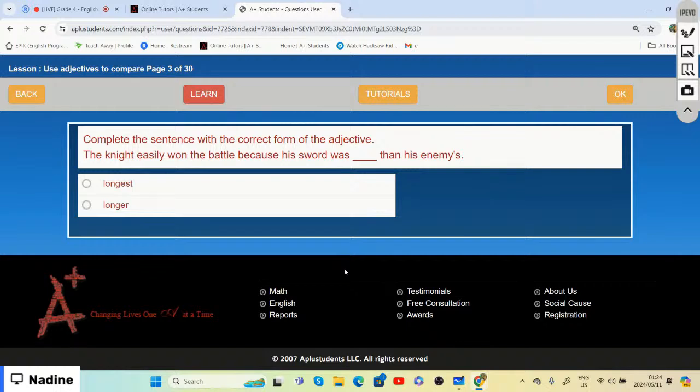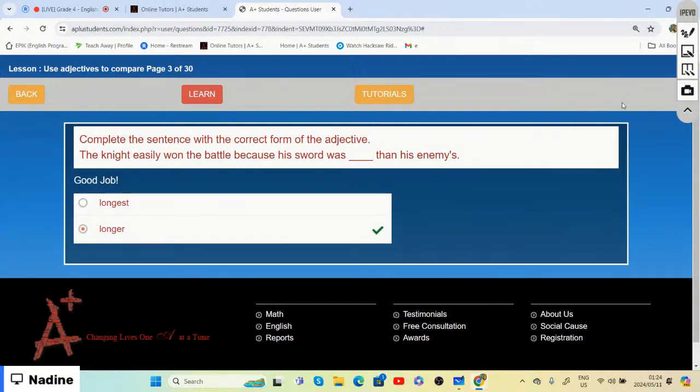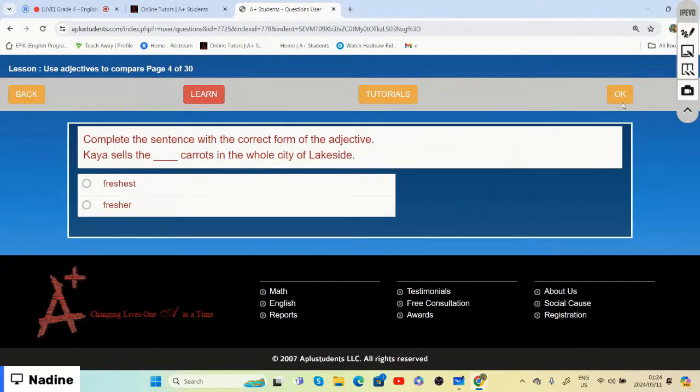So we can say that the knight easily won the battle because his sword was longer than his enemy's. It's not longest, longer, because we're only comparing him to his enemy. It's one enemy, and there's an apostrophe to show we are putting specific emphasis on that enemy.